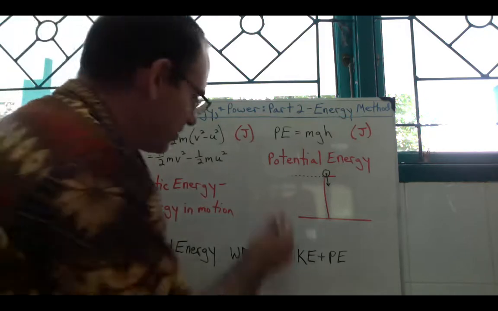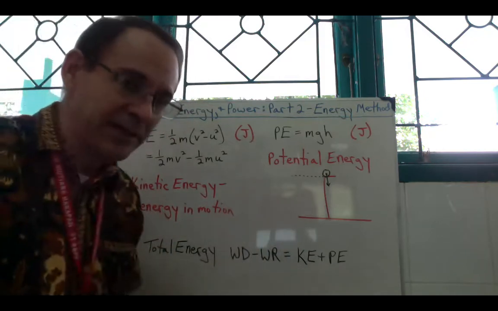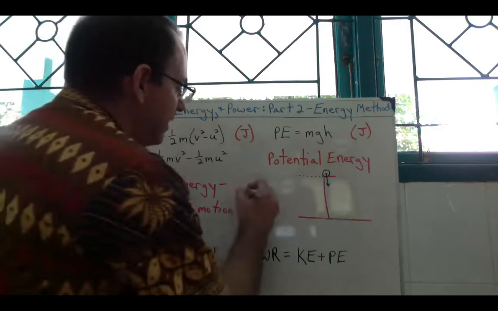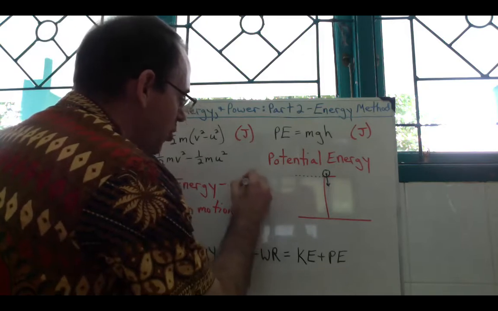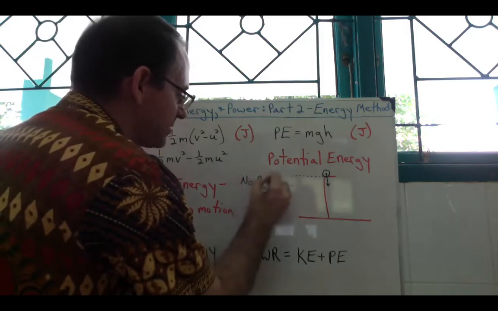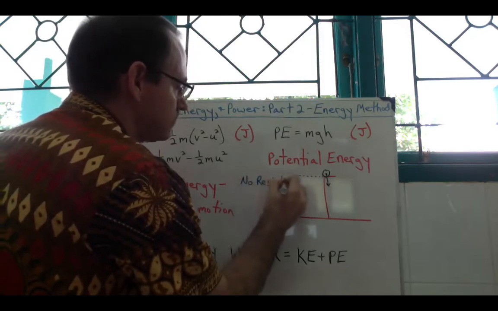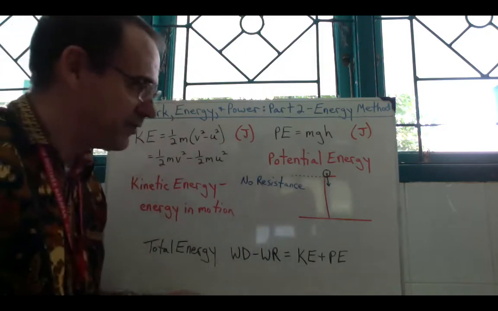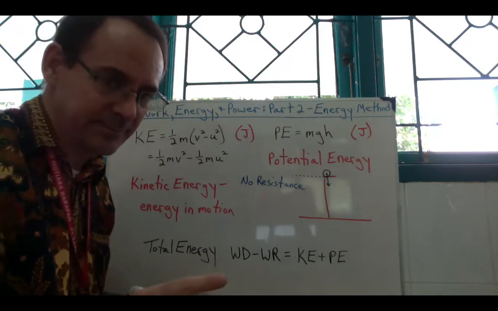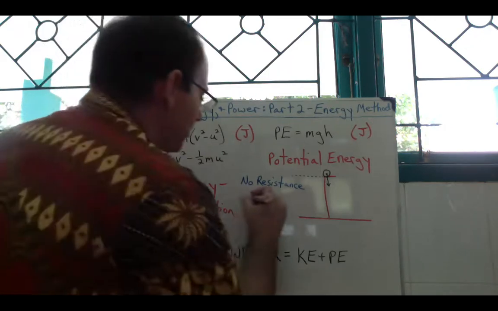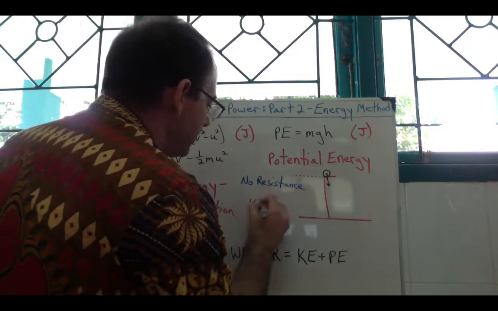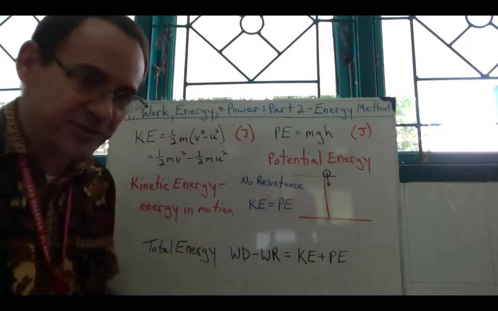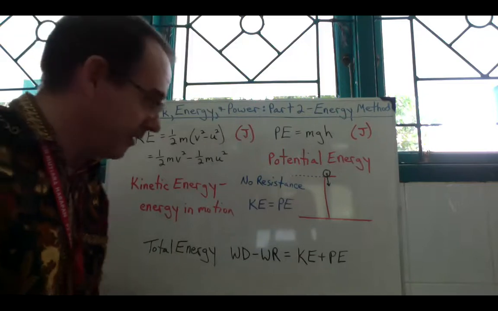So actually, there's another little formula in here that you need to consider, and that is if there is no resistance, then your kinetic energy will equal your potential energy, or vice versa. It doesn't really matter which way you write it.